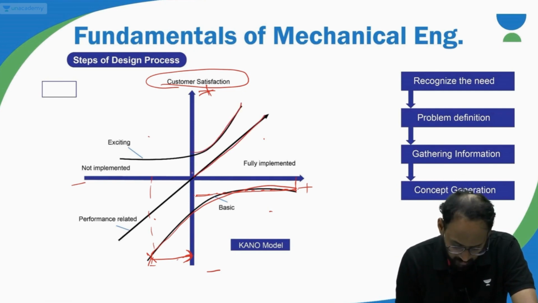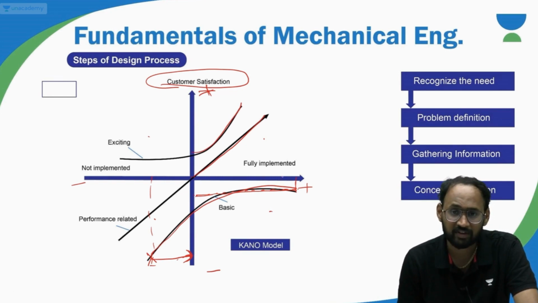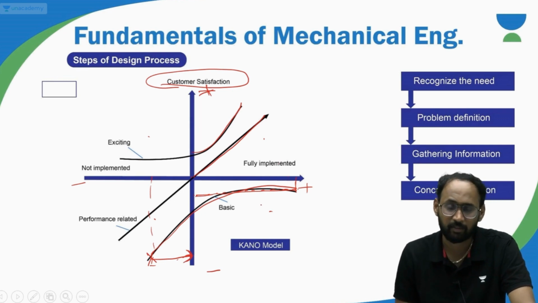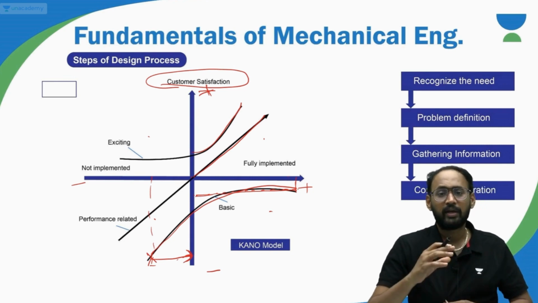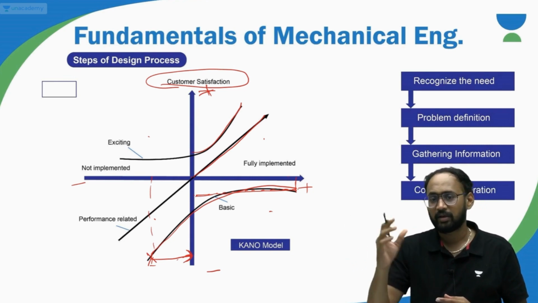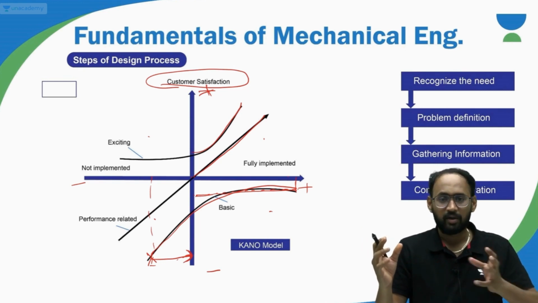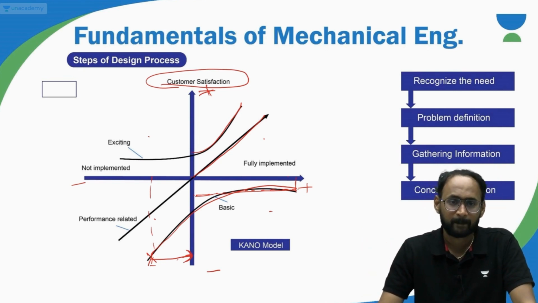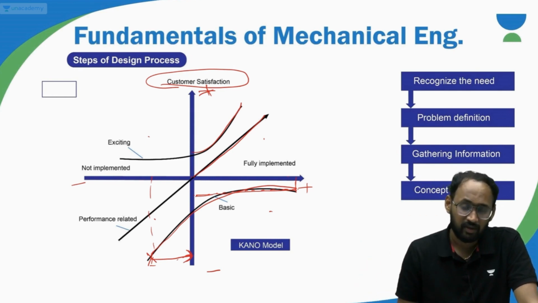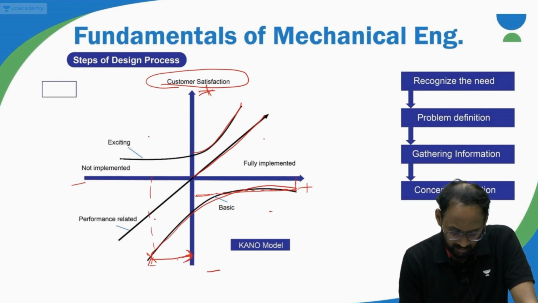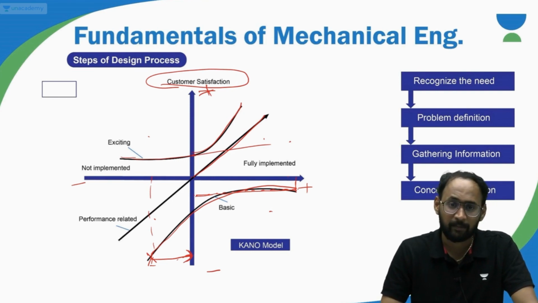In this curve we place the customer satisfaction and the feature implementation, which is linear, so both increase. You increase the product functionalities or any particular features in the product, and your customer satisfaction also goes up. And you add something extra in the features, and certainly the customers are already excited about whatever features you add.